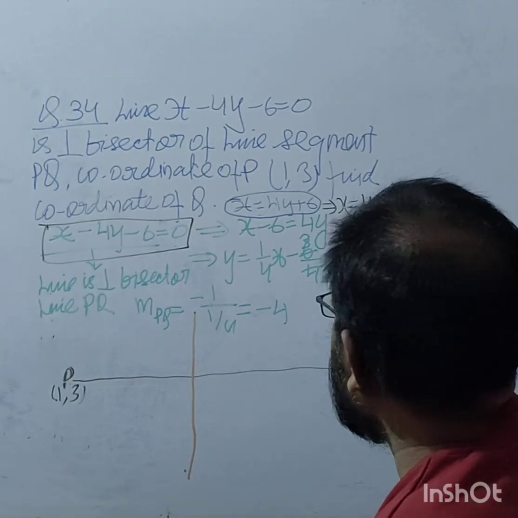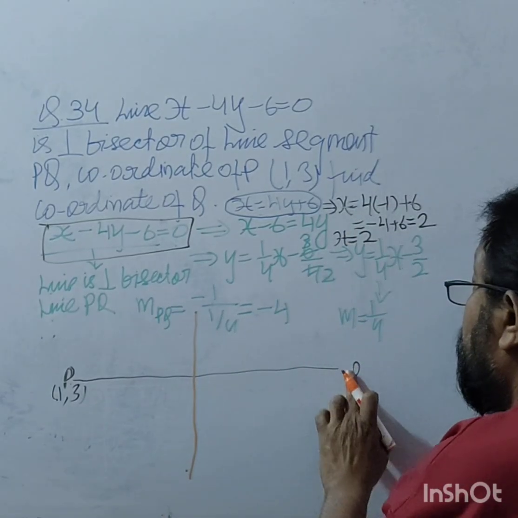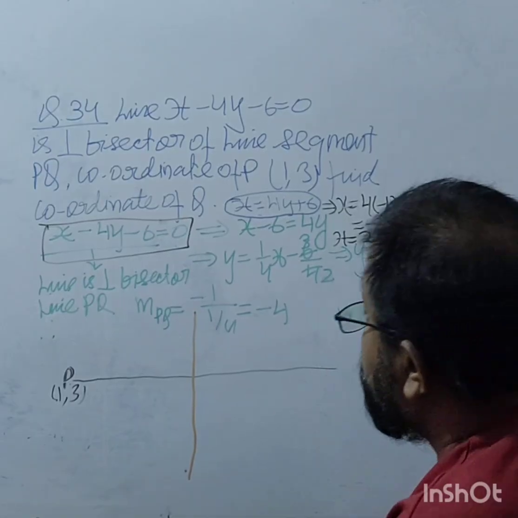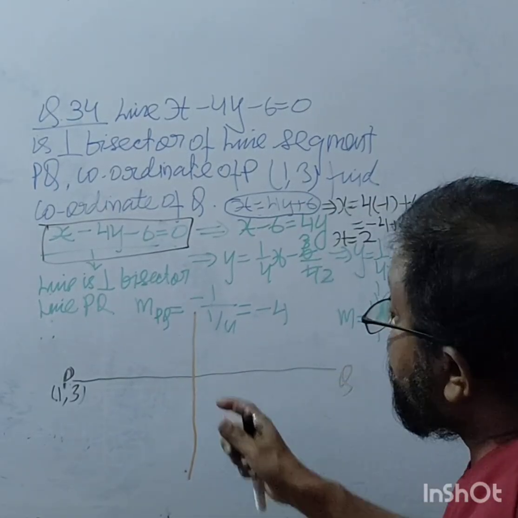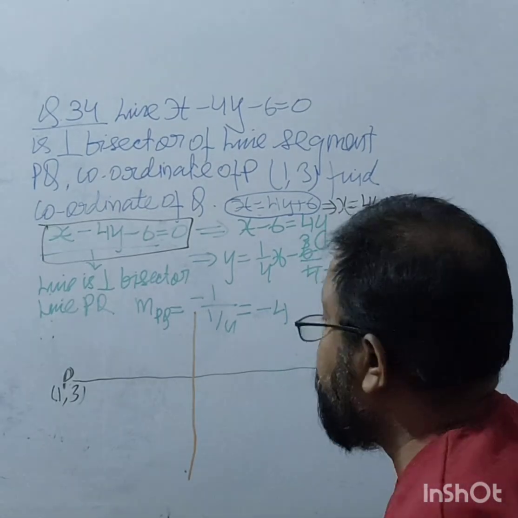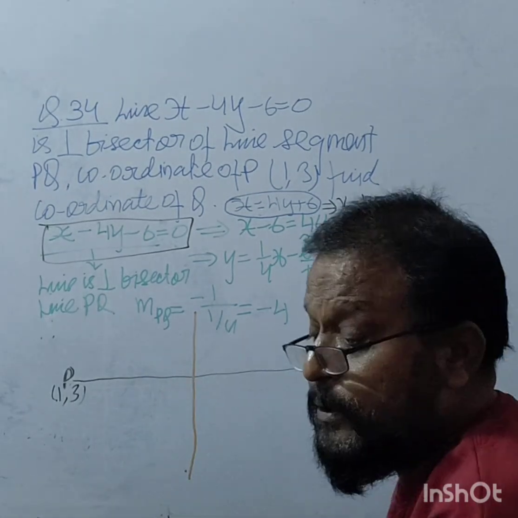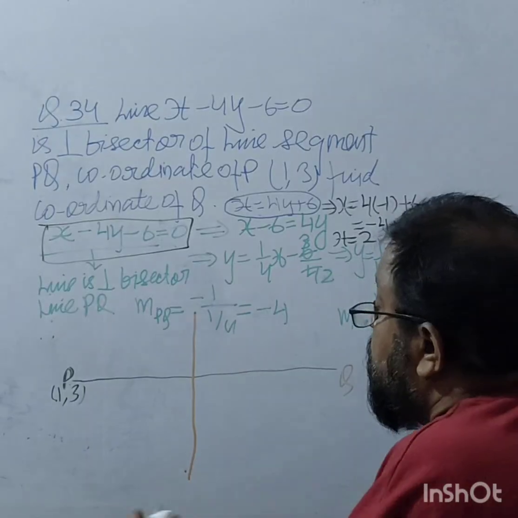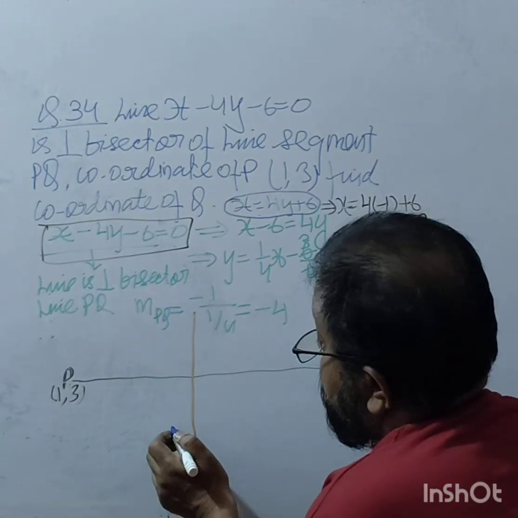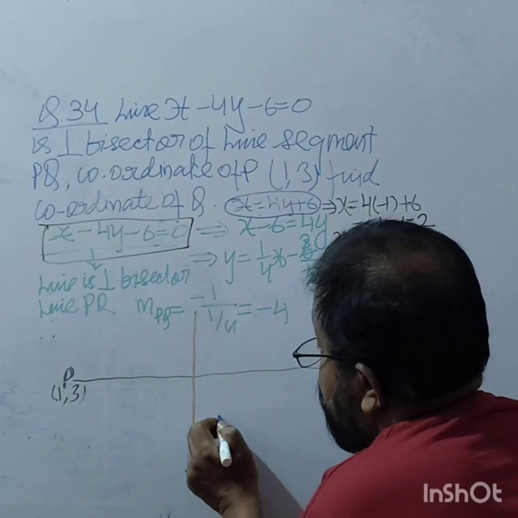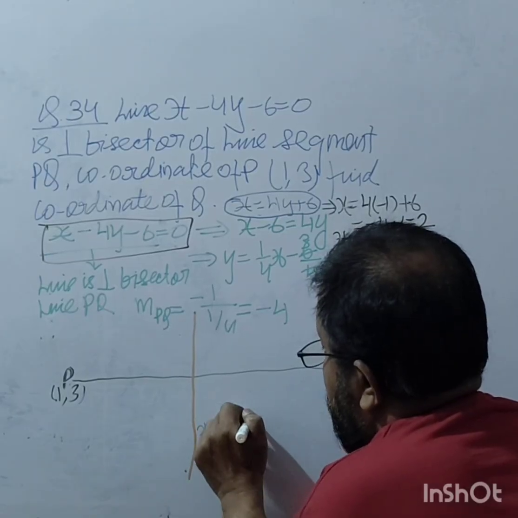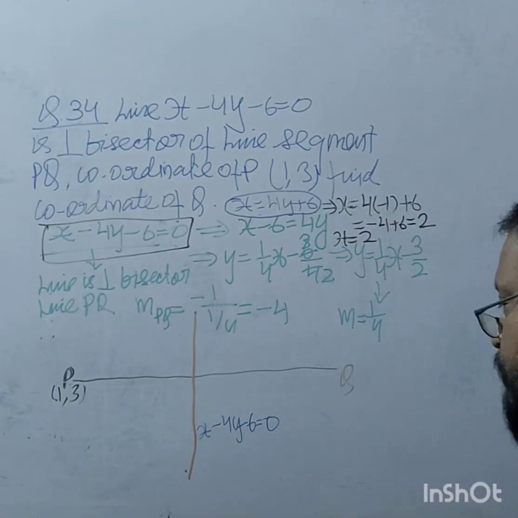This is the perpendicular bisector of PQ, and its equation is x minus 4y minus 6 is equal to 0.